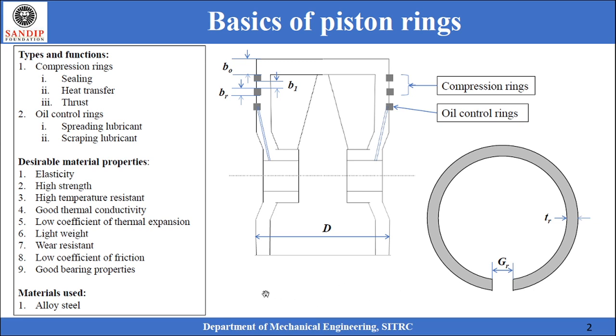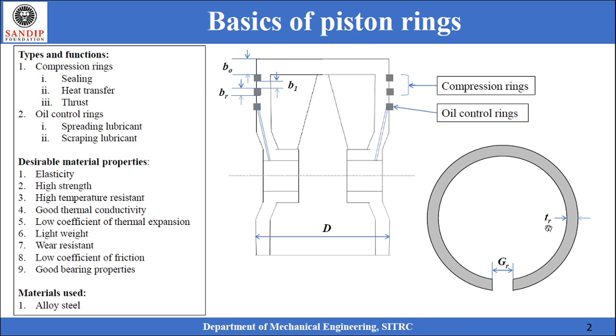Construction of a typical piston ring is shown in the diagram. As the name suggests, it is a ring, but it should be noted that it is not an endless ring. There is a gap provided so that it is easy to assemble this ring onto the piston groove.